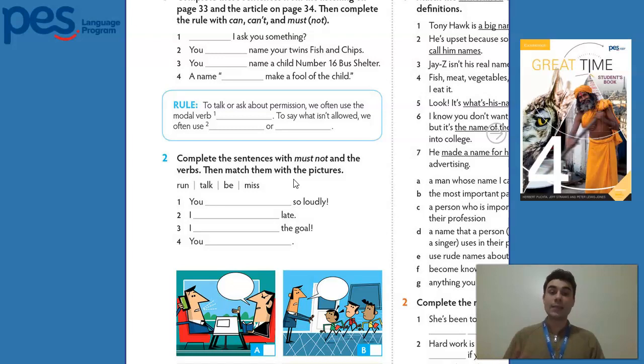Okay, so again, you will not use can or can't. You just need to use must not and the verbs in this list. So pause the video, complete sentences 1 to 4 with must not plus the verb. Okay, and then come back later for us to continue this exercise.